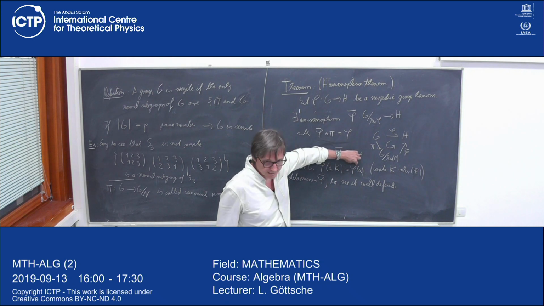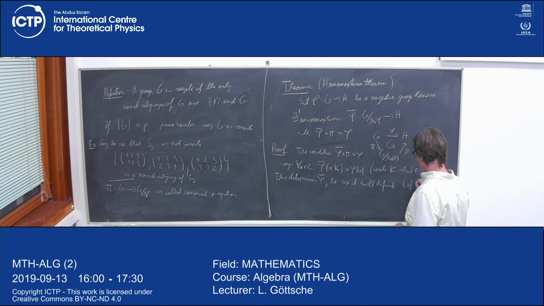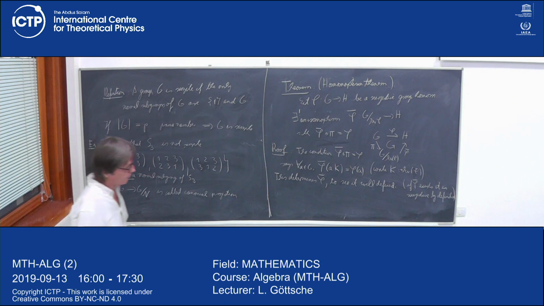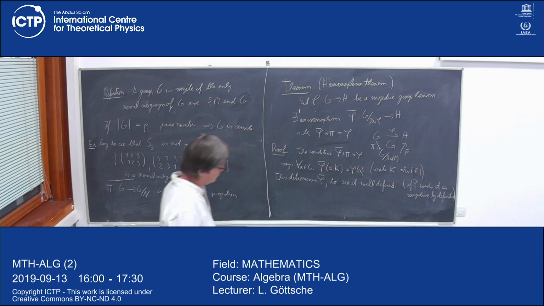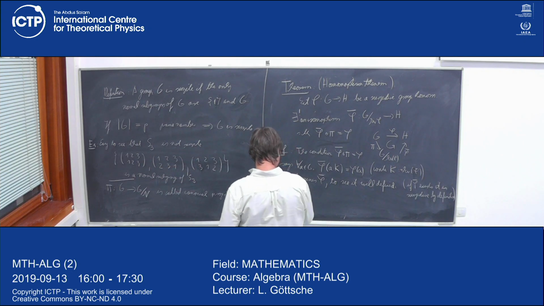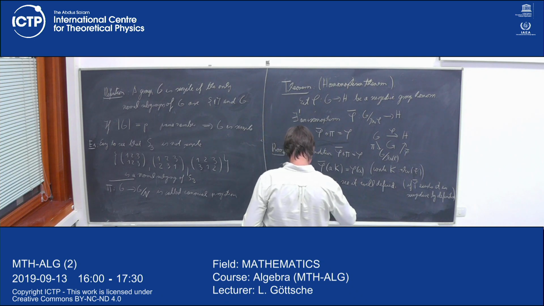So if the map is well defined, it's also surjective. So phi bar exists, it is surjective by definition, because I have said all phi of A occur in the image. So we use this to define phi bar: define phi bar of AK equal to phi of A.